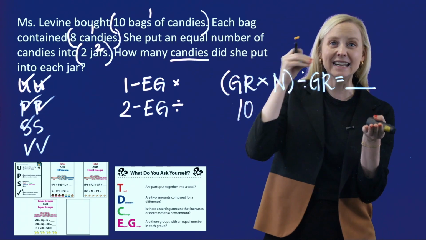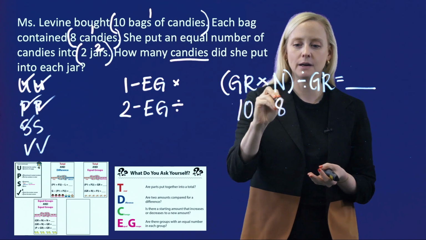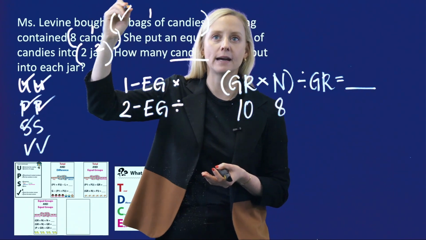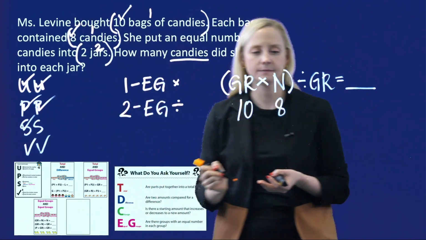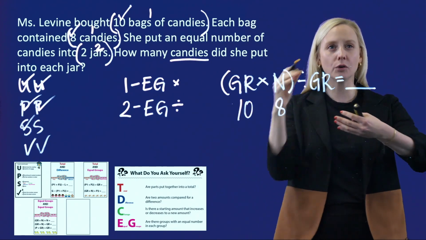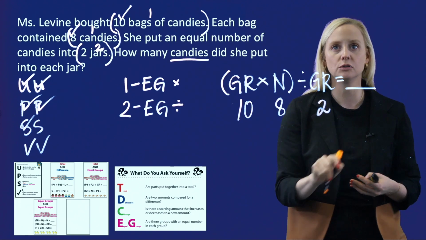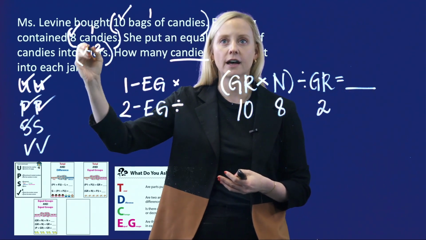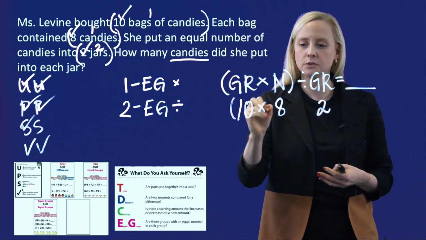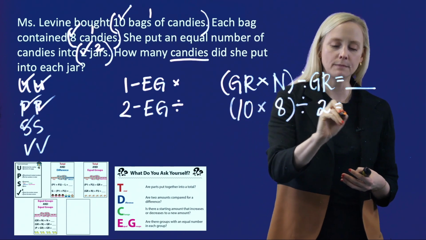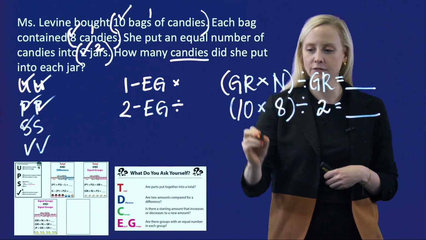And I know that there are 8 candies in each bag. That's my number in each group. So I'm going to check off my 10 and my 8. Now, once I know the total number of candies, I'm dividing them into, or sharing them into 2 jars. So I'm going to check off that too. Now all I need to do is bring down my signs and my parentheses, and I'm good to solve.